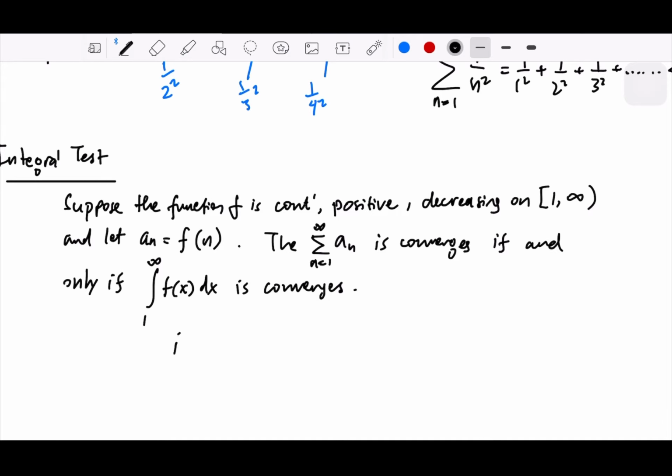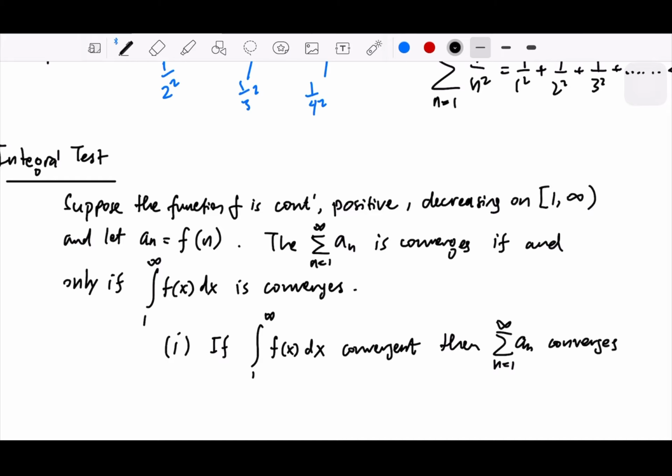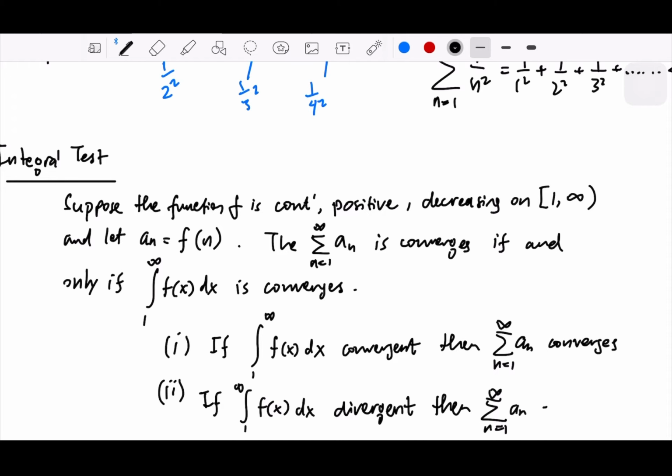So in other words, if this integral is convergent, then the series also converges. And if the integral is divergent, then the series diverges.